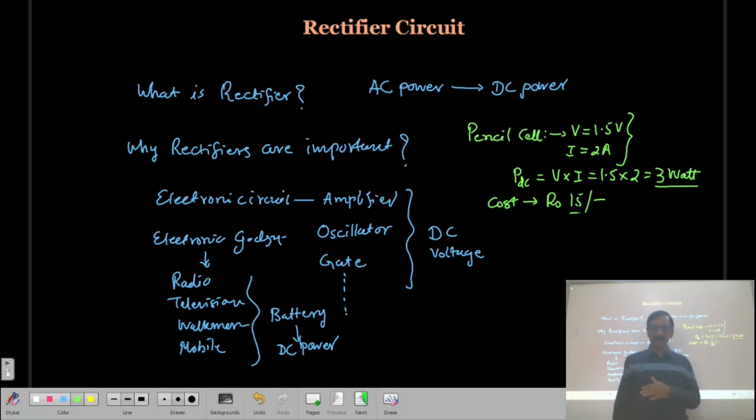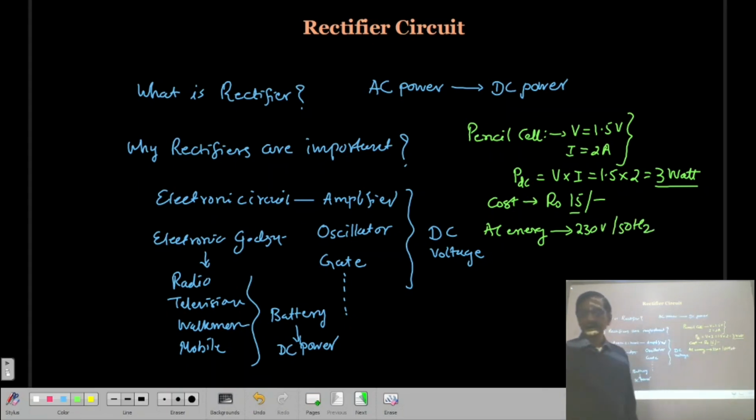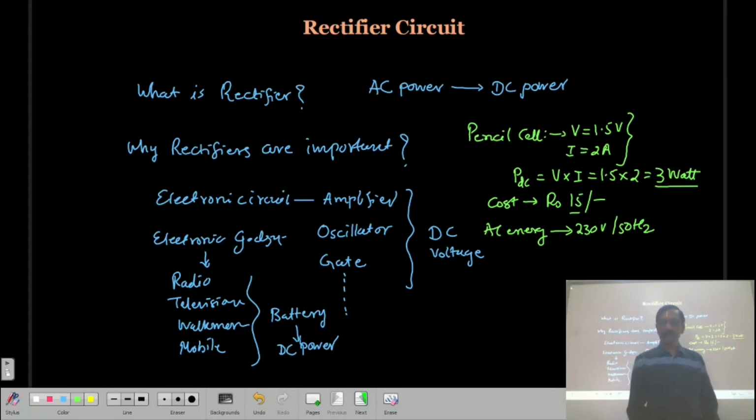Now on the other hand, if you are talking about AC energy, then AC energy is easily available at our home. That is our 230 volt, 50 hertz. It is available at our home. What is the cost of this?